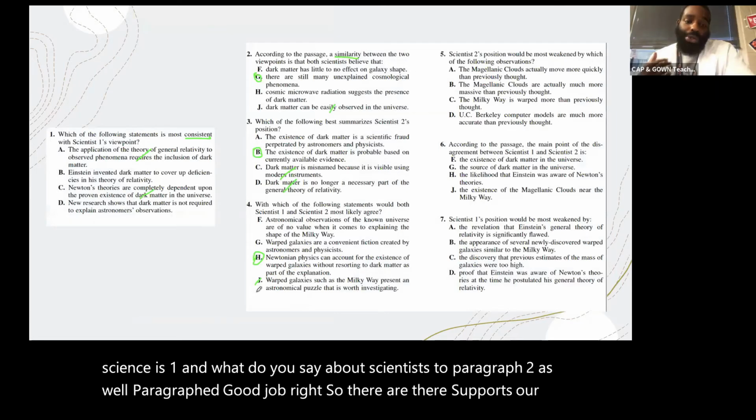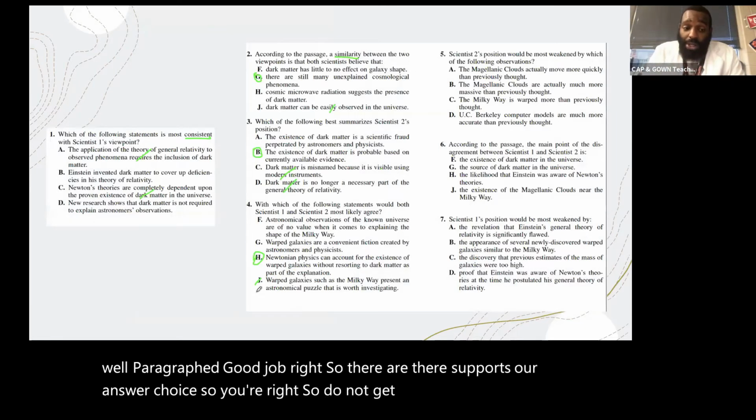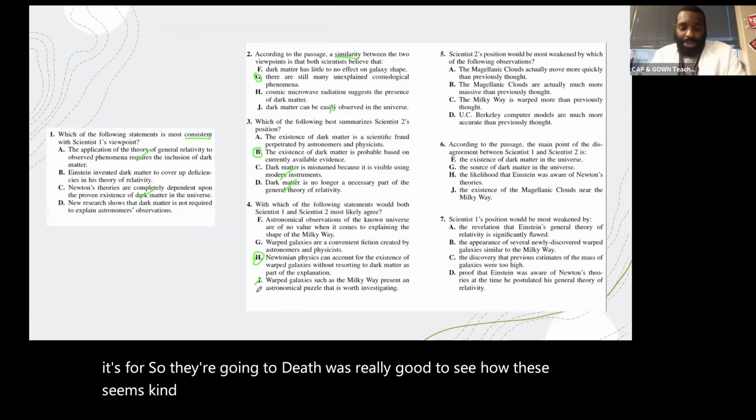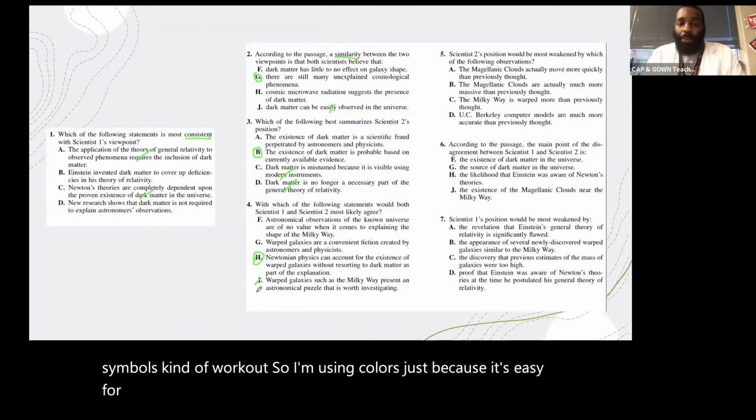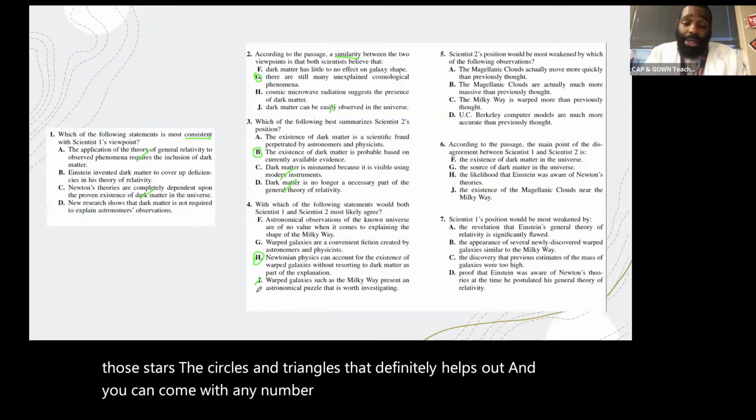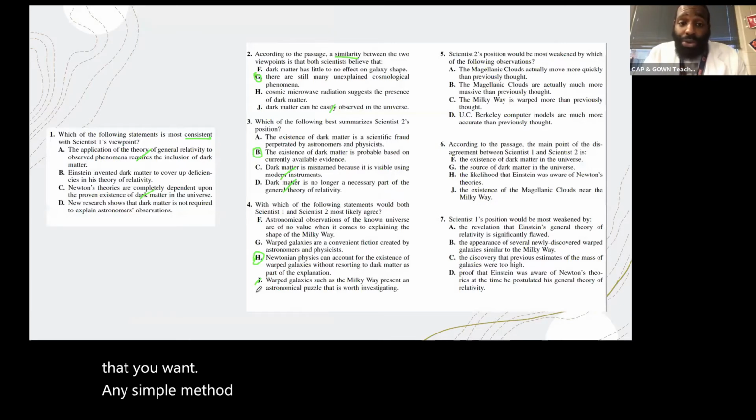So do not get caught up. That's what it's for, so it's really good to see how these symbols work out. I'm using colors just because it's easy for you guys to see what I'm doing. But like Jakisha said, those stars, circles and triangles definitely help. You can come up with any numbering or symbol method you want. I've seen kids do 1, 2, and 3, where 1 is for the first one and 3 is where they come together.